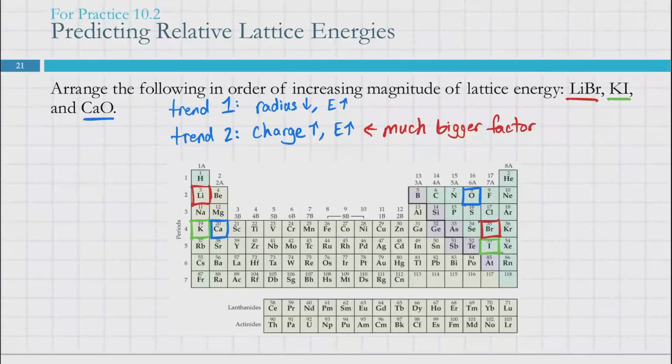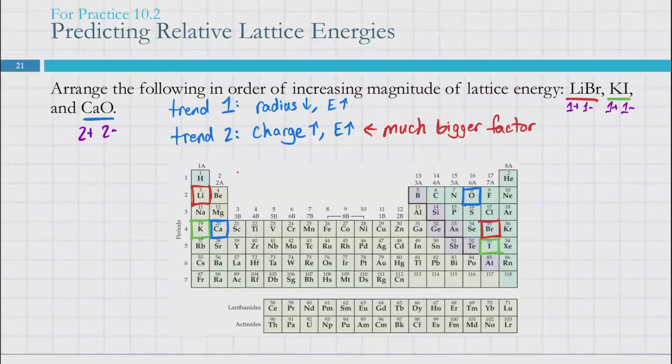So we've got 1+, 1-, 1+, 1-. For calcium and oxygen, we saw those earlier. It's 2+, 2-. So based on charge, which one is definitely the highest? Which one has the biggest charge times charge? Calcium oxide.